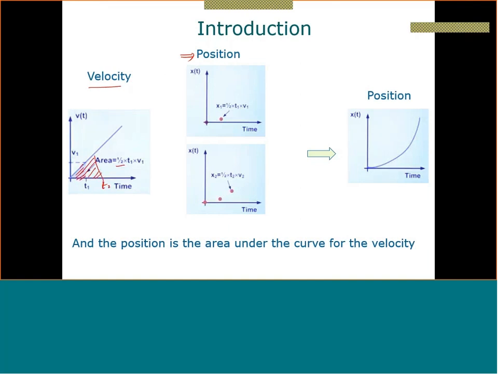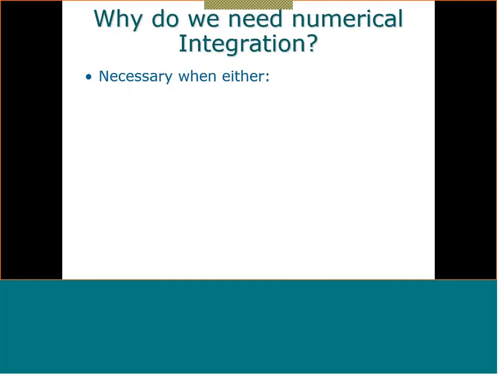This is at t1, this is at t2, and you will have this exponential increase, because when you have a velocity that is continuously increasing with time, it means that the position you are covering will be exponentially increasing.